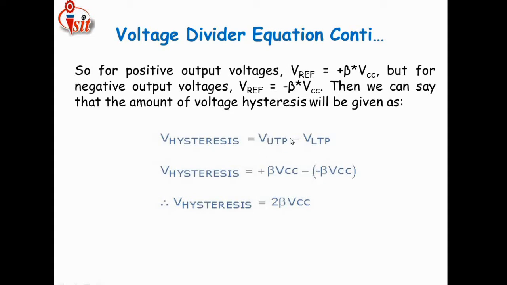For the upper trip point, the value is positive beta times VCC, minus the value of the lower trip point, minus beta times VCC. That minus gets a plus sign, and first beta VCC and second beta VCC, 1 plus 1, 2 beta VCC is the hysteresis value for the standard comparator circuit.